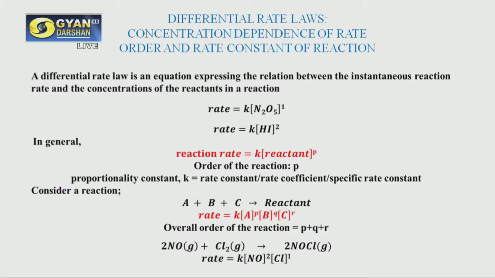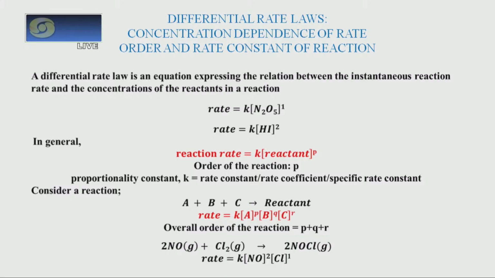The rate law is given by rate is equal to K into [N2O5], or for the hydrogen iodide case, some constant into [HI] to the power 2. So the reaction rate is some constant into concentration to some power, and this power is called the order of the reaction. This is generally decided from the experimental data.